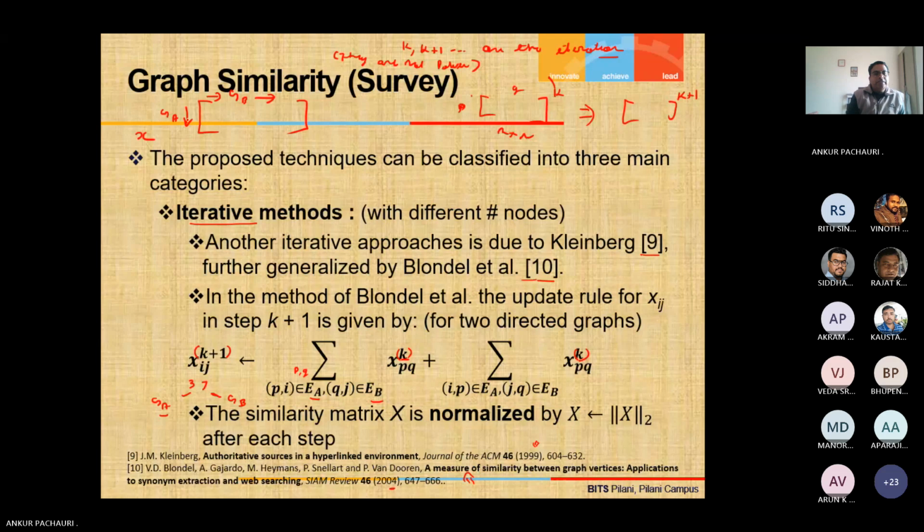Clear? There is some P and Q. For example, suppose this is P and this is some Q, and I'm trying to update this value, 3 and 7. Sorry, I should not write it in terms of PQ. Sorry, my bad.